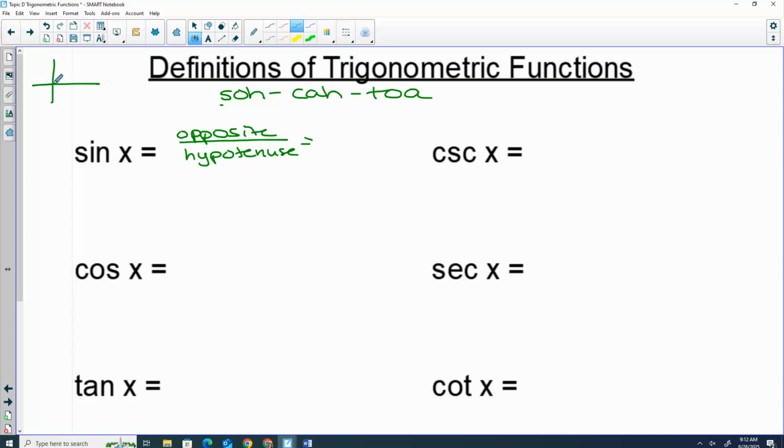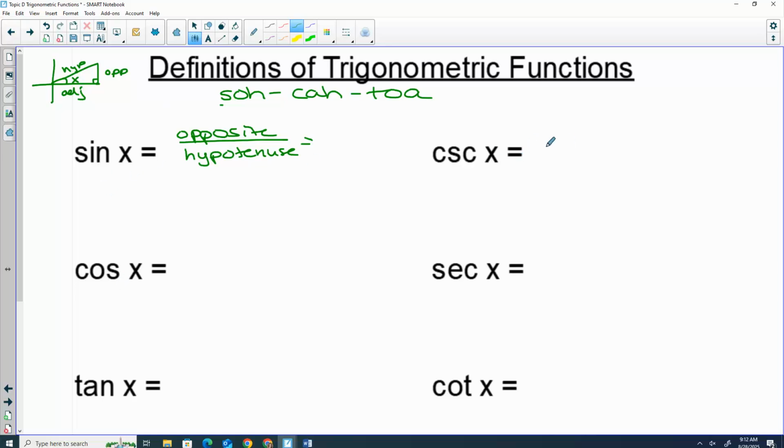So if you think about a triangle, and here's my angle, we can also think of it in terms of X, Y, and R if we needed to. But let's just do the SOHCAHTOA for now. Remember, in this angle, opposite is the side across from it. Hypotenuse is always across from the right angle. Adjacent is the side touching it that is not the hypotenuse.